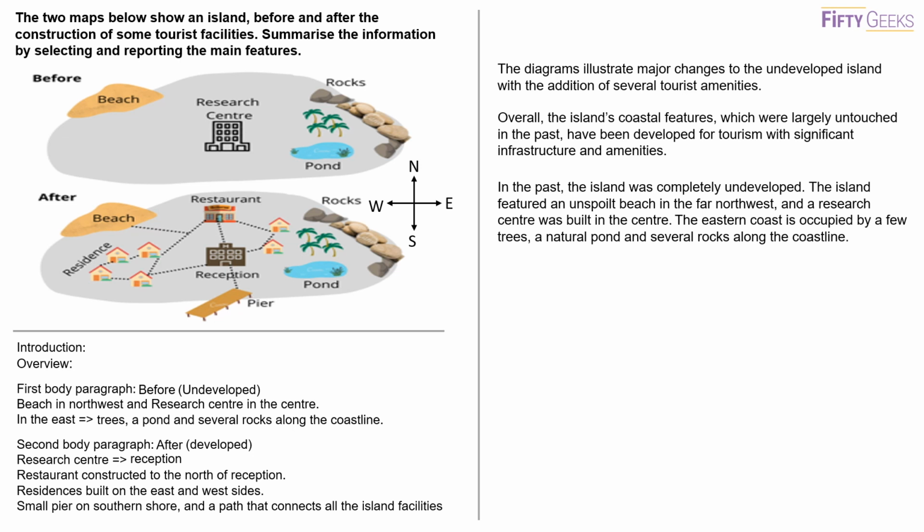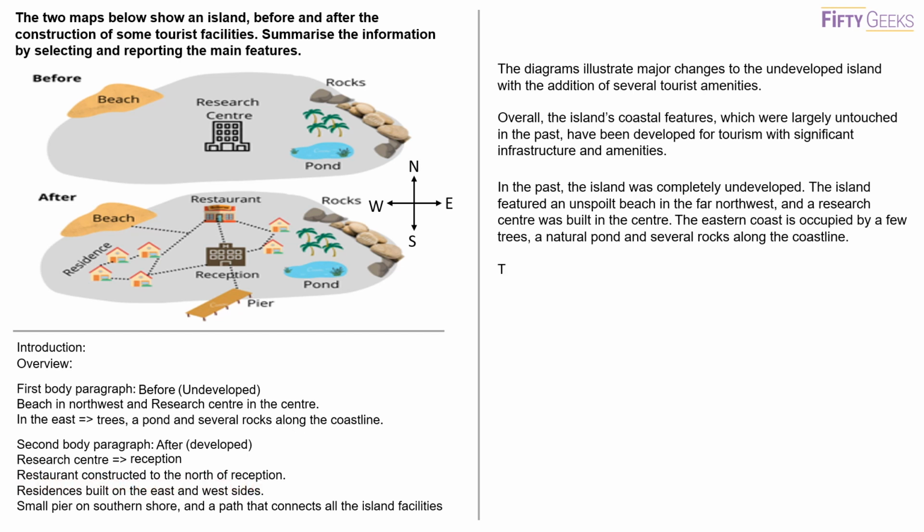After this, I will write the second body paragraph. In this paragraph, I will write about how the island has changed to become a developed tourist destination. The first noticeable change was that the research center was replaced with a reception area, and a restaurant was constructed to the north of the reception.